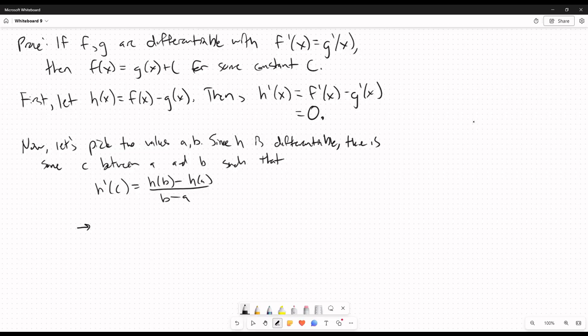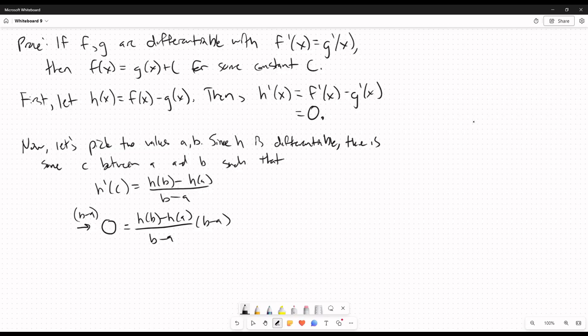Well, what this tells us is h prime of c, no matter what c is, has to be 0. So this is going to be 0 equals h of b minus h of a over b minus a. We're assuming that b and a aren't equal, so b minus a is non-zero, so we can go ahead and multiply both sides by that.